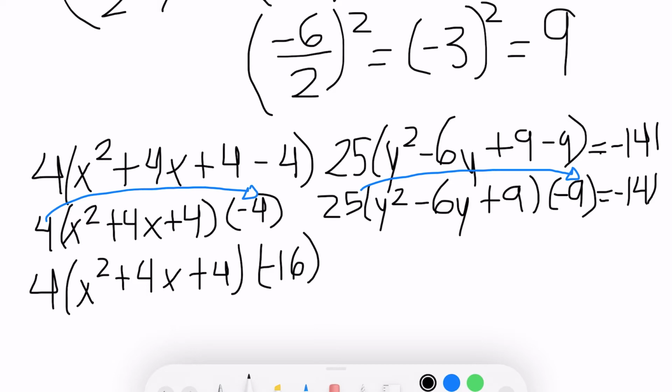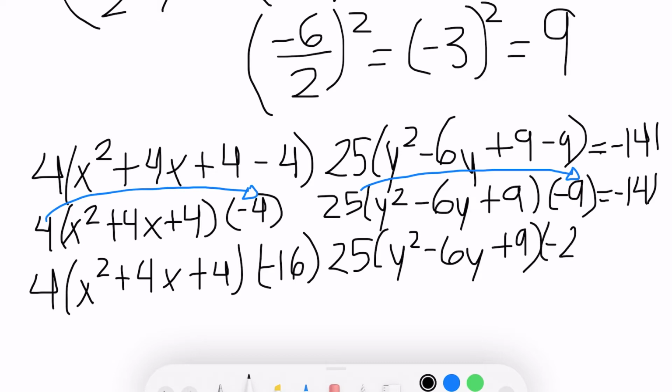So I got 16 for 4 times negative 4, and then I write the rest of the equation the same. And then 25 times negative 9 is negative 225.